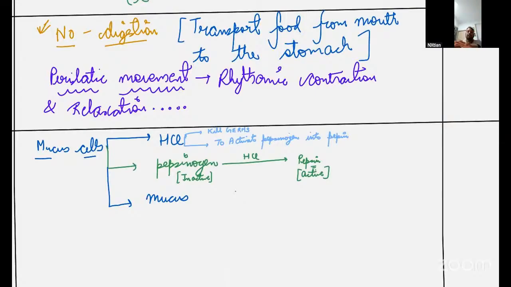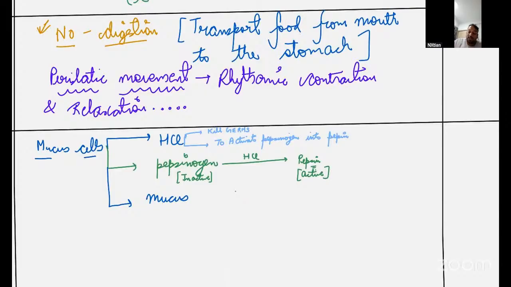Mucus's role is, see, if you take your stomach acid and pour it on your hand, then you know what will happen. Your bones, your skin, everything will burn. Okay, so that much dangerous is there.